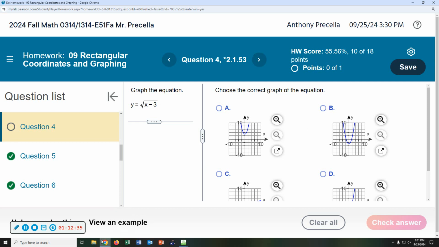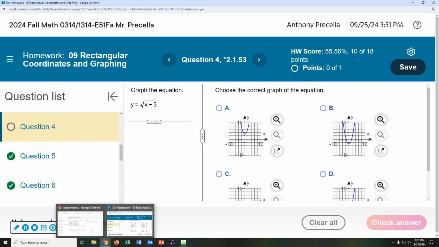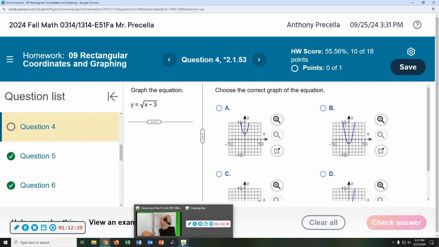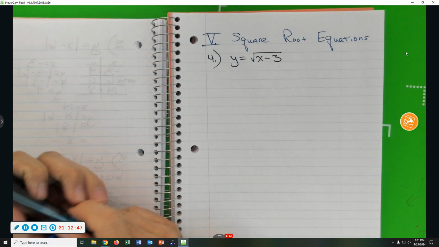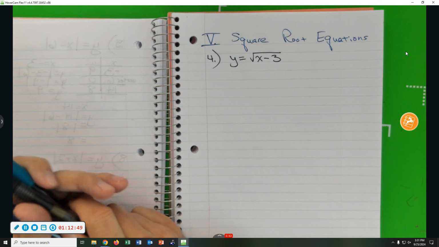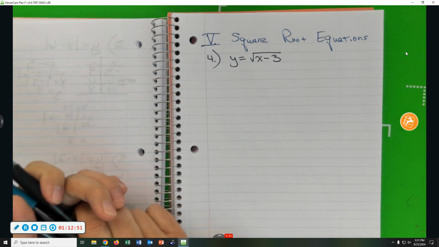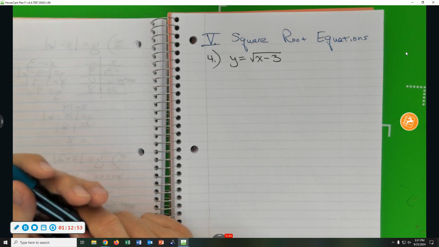So this is back to number 4. Let's see, graph y equals the square root. Is that an x minus 3 or x plus 4? Minus 3. Okay. To graph a square root expression, we're just going to plot points and then connect the points.